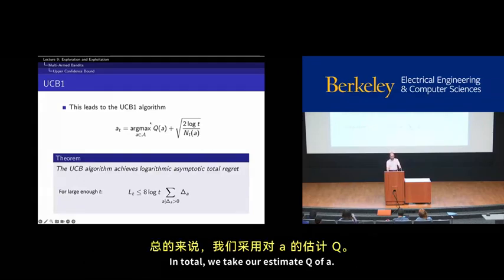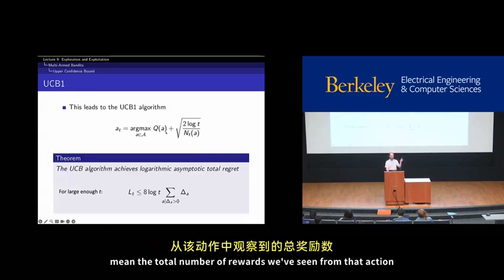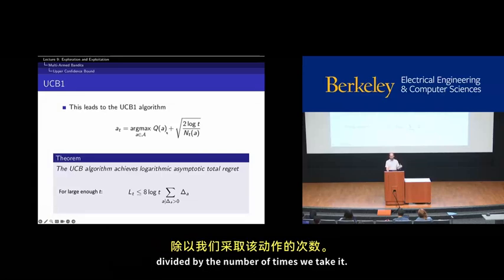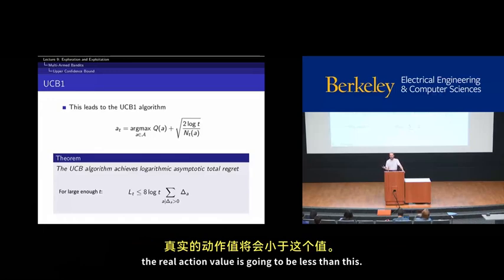In total, we take our estimate, Q of A, that's our sample mean, the total number of rewards we've seen from that action, divided by the number of times we take it, and then we add this term, which will mean that we're quite confident the real action value is going to be less than this.